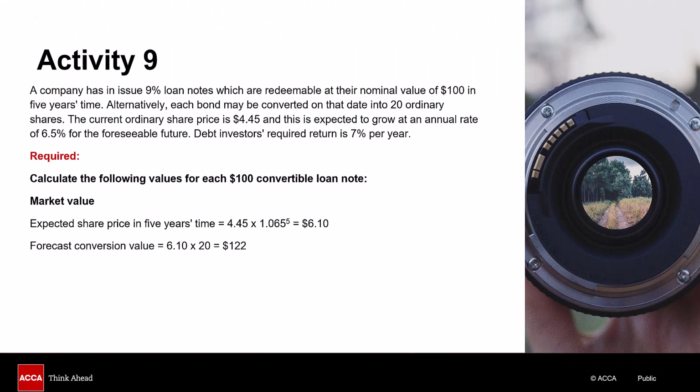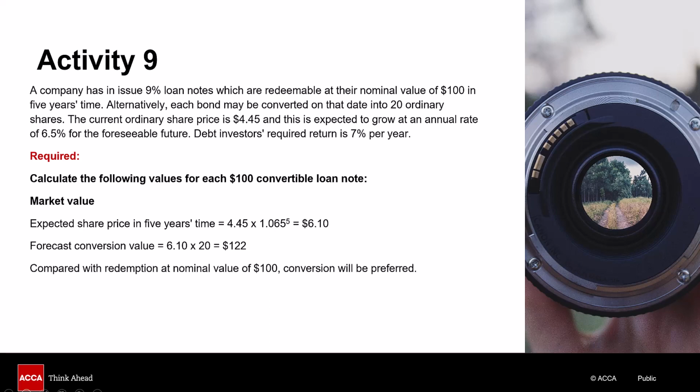So here is the answer to that activity. It's actually activity 9 in the study hub. So the market value is now going to be based on the conversion value. And the forecast conversion value is 122. That's because the share price is forecast to be 6.10, and you times that by the 20 ordinary shares that they will receive.